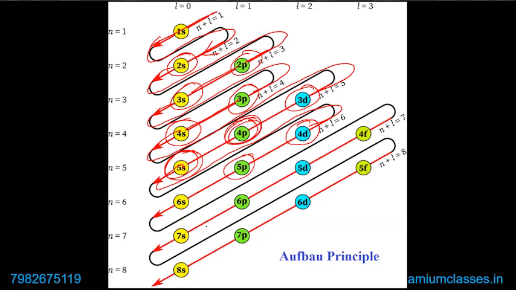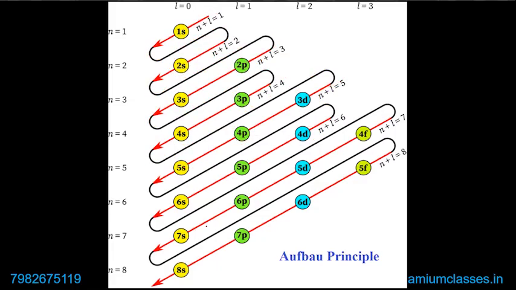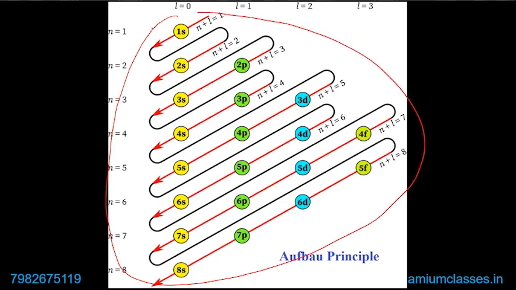But first you need to understand that the above principle is the filling up of electrons in the orbitals in increasing order of the energies of those orbitals, not the sequence as defined by 1s, 2s, 2p, 3s, 3p, 3d like that. This is known as the Aufbau principle. And you need to at least draw it once to understand how the electrons are built up.